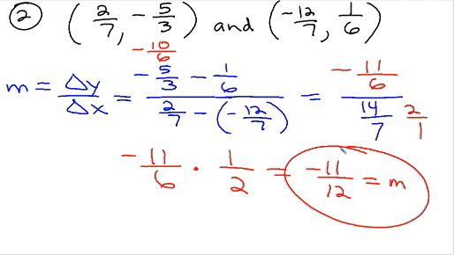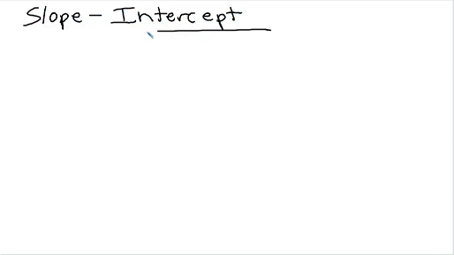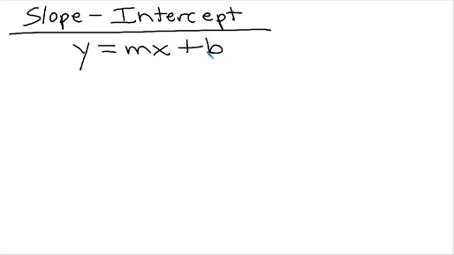Hitting the key big ideas here today with slope. The next one is slope-intercept. The slope-intercept equation is y equals mx plus b. That's the slope-intercept equation. It's not the only one we use. m is the slope.